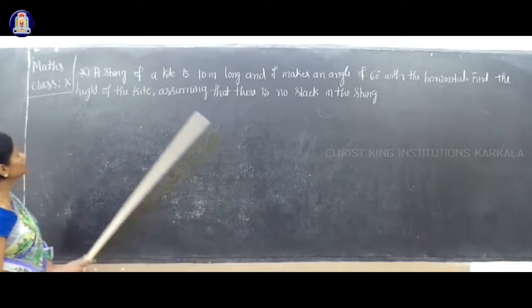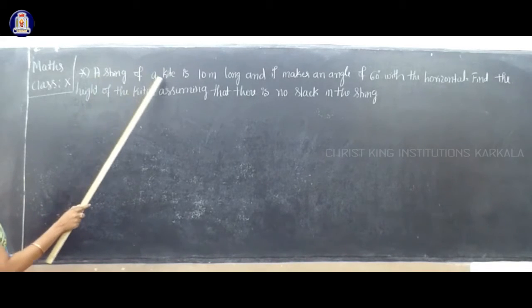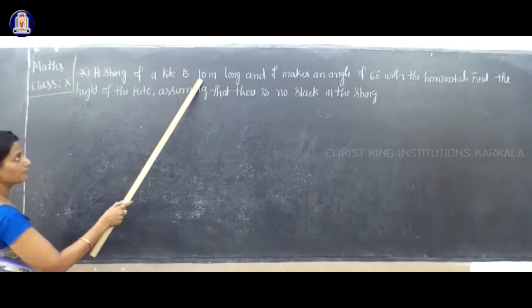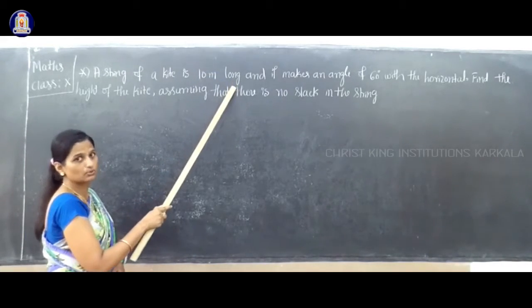The next question. A string of a kite is 10 meter long. Same type of question we discussed already.